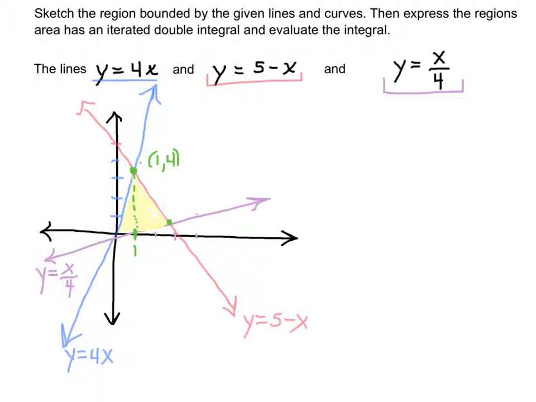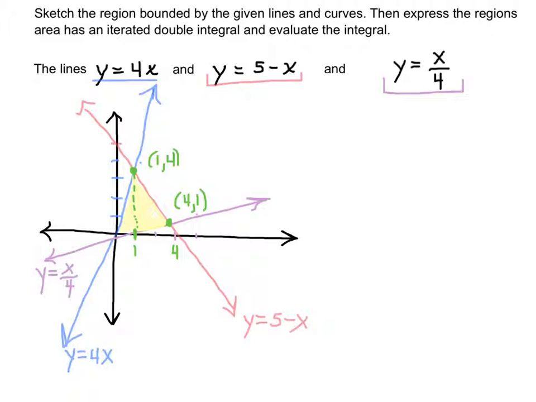And the right-hand area is going to end where the purple and the red intersect, and that is when y is equal to 4, when x is equal to 4, and y is 1.